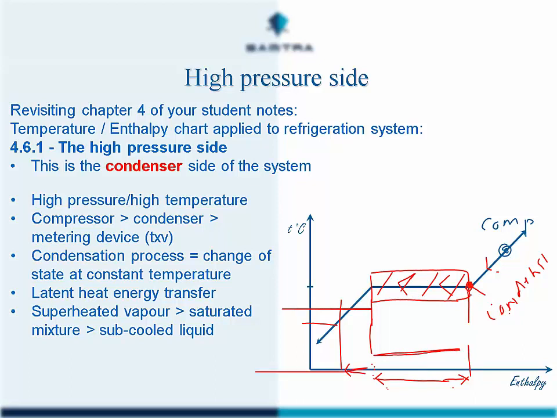we come to this area where we are removing heat energy. And we go down and we have subcooling taking place. So the subcooling being the temperature is less than the saturation temperature.